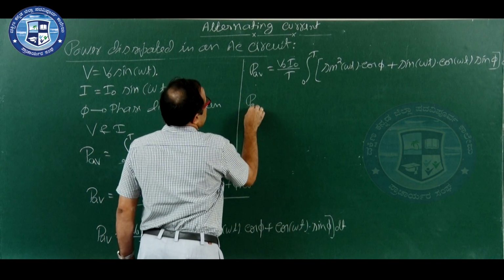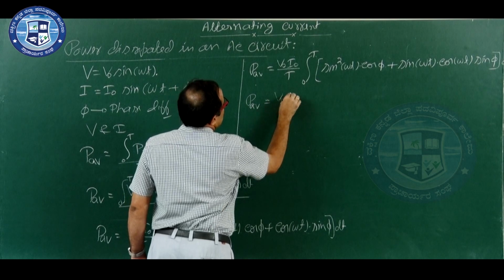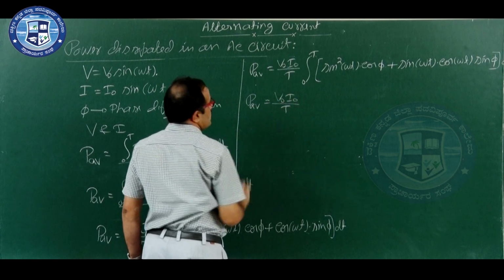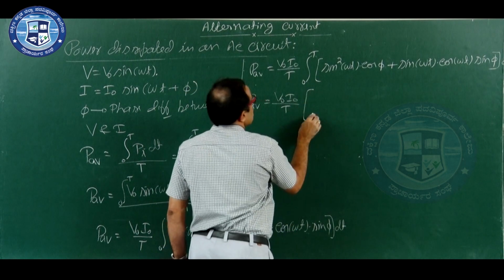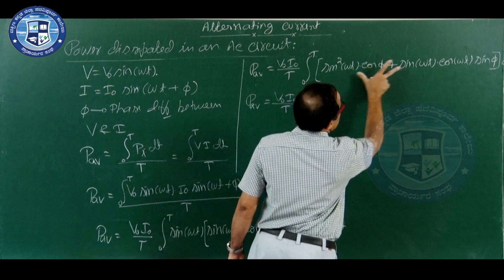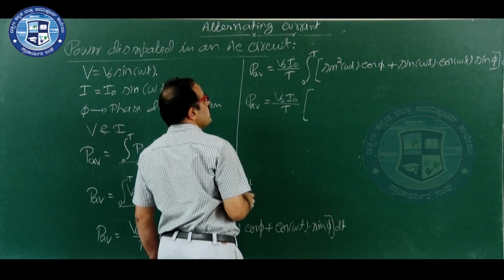P average, V naught I naught by T. Now you integrate this one separately, that part separately.